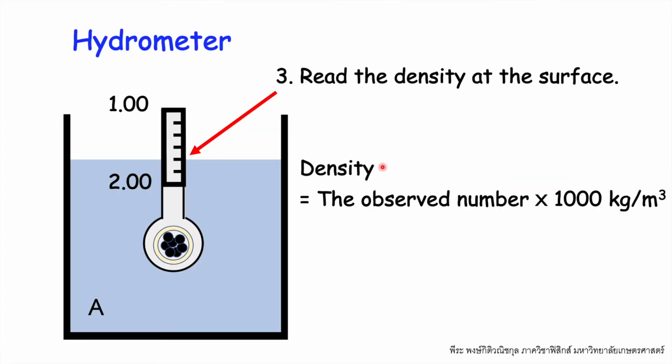To know the density of the fluid, we will use a hydrometer. We will read the density at the surface of the fluid. The density is equal to the observed number on the scale times the density of the water, which is 1000 kg per cubic meter.